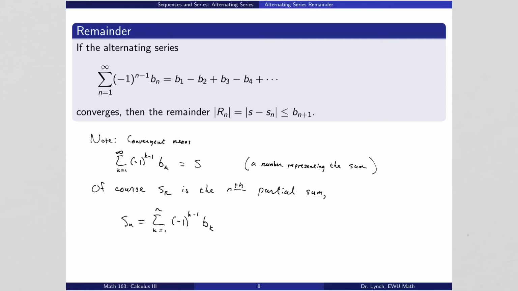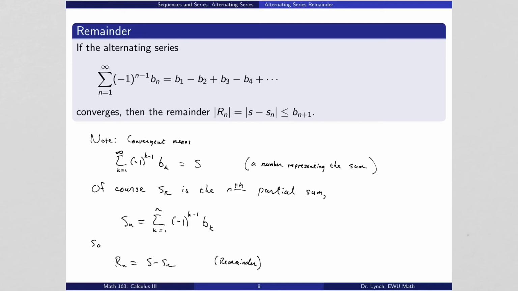Okay, so in this remainder theorem, of course, S represents the actual sum of the series, and s sub n represents, again, the nth partial sum. So again here, r sub n is the difference between the actual sum and the nth partial sum. Okay, so one thing we don't have time for is adding up an infinite number of terms, but we could add up a finite number of terms and get pretty close to the actual sum of a convergent series. And this remainder theorem tells us exactly how close we are.